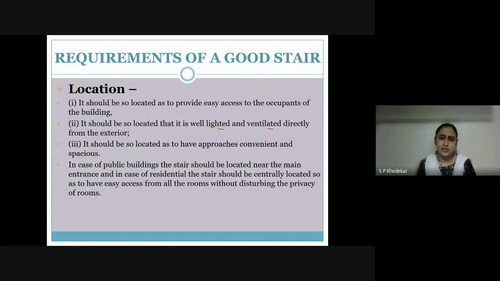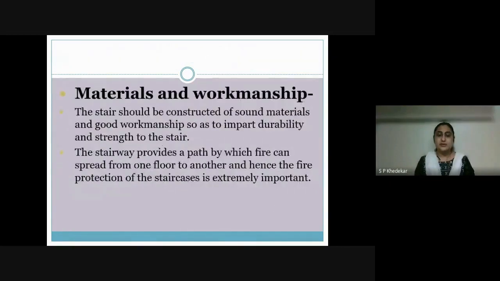If we talk about the residential building, the stair should be located centrally, because the number of people using the staircase is much less compared to public buildings. So without disturbing the privacy of the rooms, we can give it a central location. Then materials and workmanship.